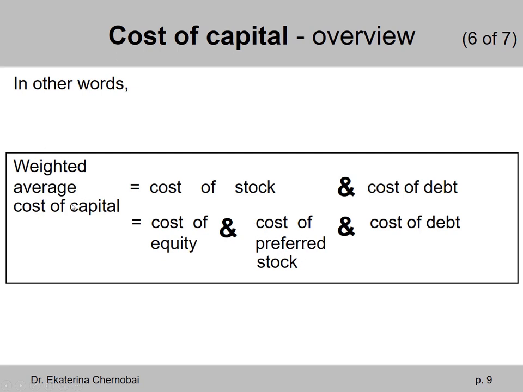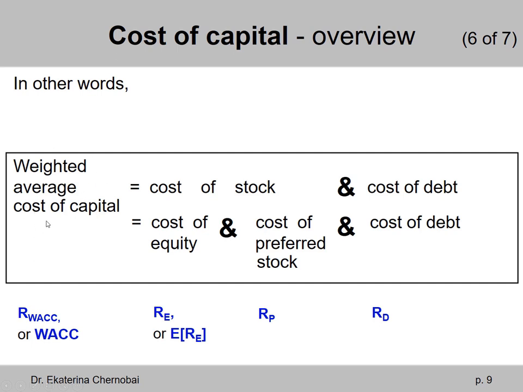So the weighted average cost of capital is a combination, or more like the average, of these three things: cost of equity or common stock, cost of preferred stock, and cost of debt. These are the notations that this chapter will be using. It's all R's because everything is returns, percentages.